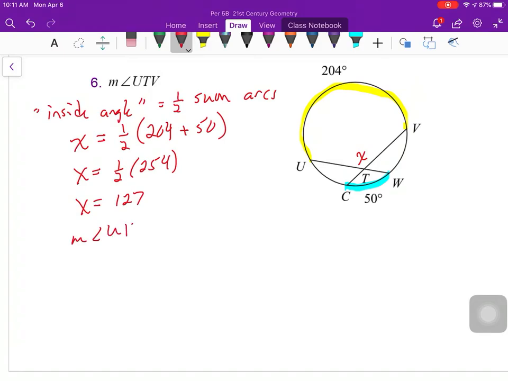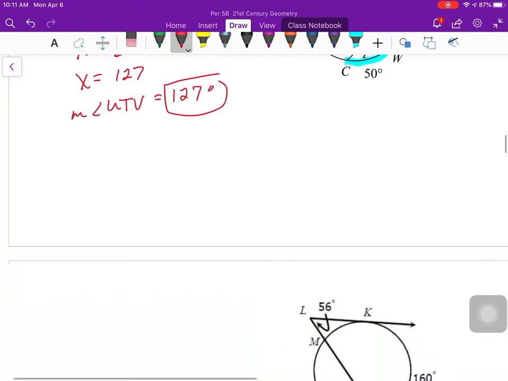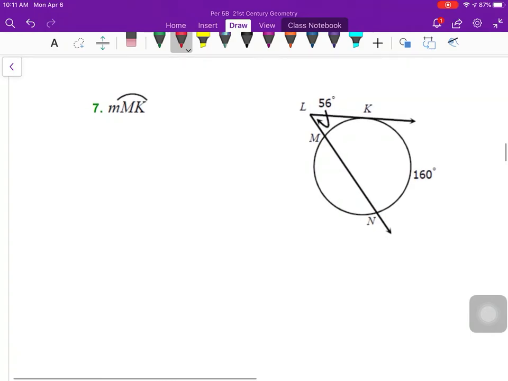X equals 127. So the measure of angle UTV is 127 degrees.